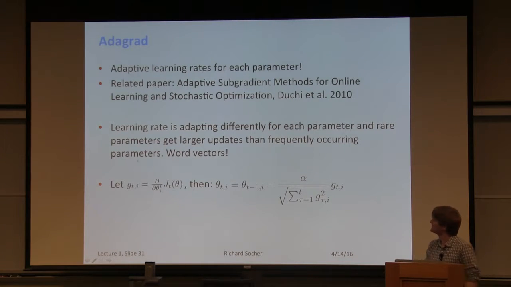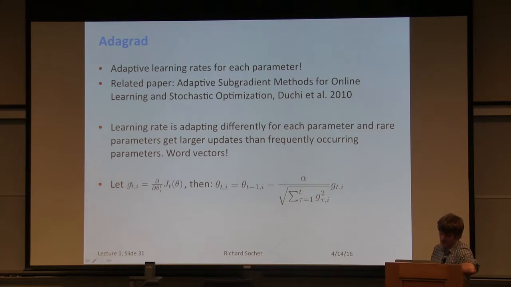And so the way they implement this, and there's lots of nice theory behind it. If you're into theory, I encourage you to read this paper. Basically you keep track of the current sum that you've had at all past training steps for a specific parameter.